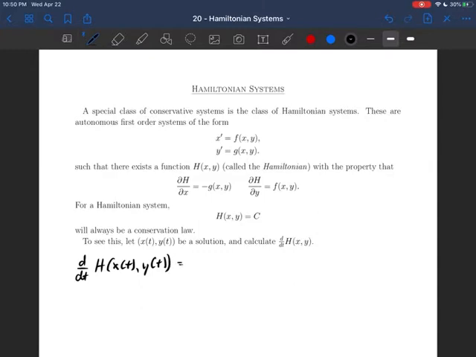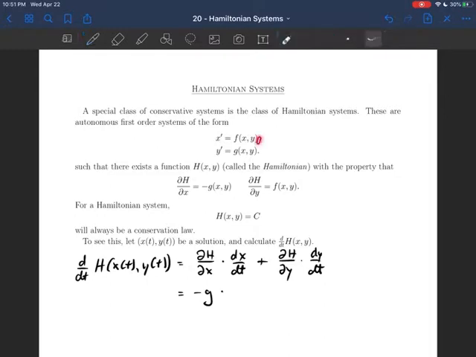To see why this is, you would take a solution and calculate the derivative of H of x and y with respect to time. So let's do that calculation real quick. We want to take the derivative of H of x of t, y of t, with respect to t. So how does that work? Well, first you take the partial of H with respect to x times, chain rule, dx dt, plus the partial of H with respect to y times dy dt. All right, but we already have, because this is a Hamiltonian, dH dx is minus g.